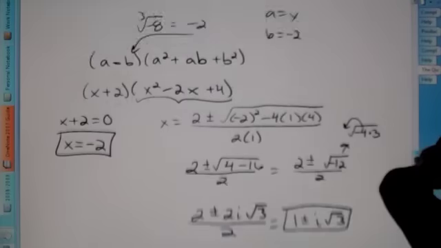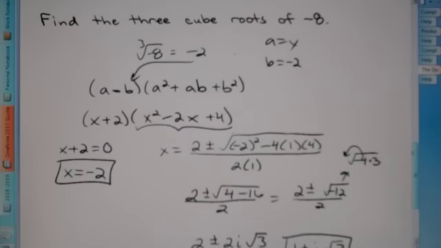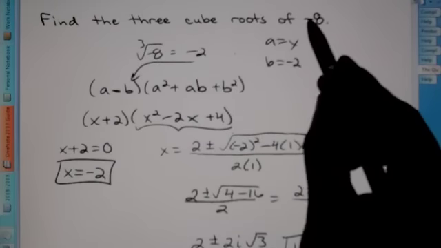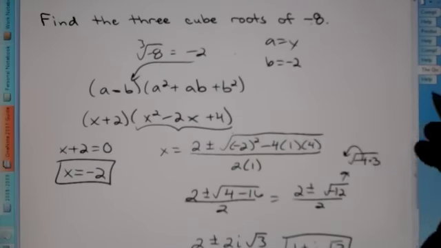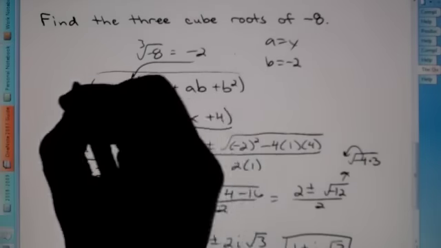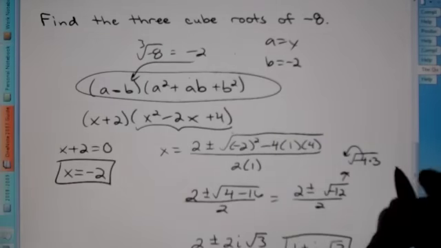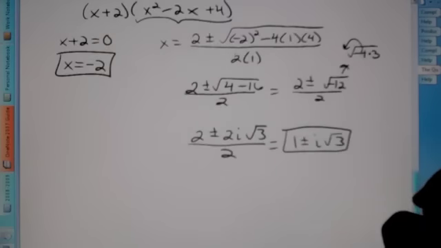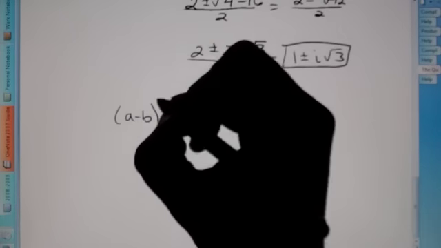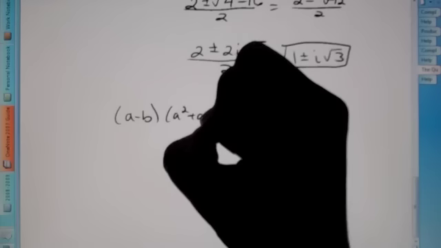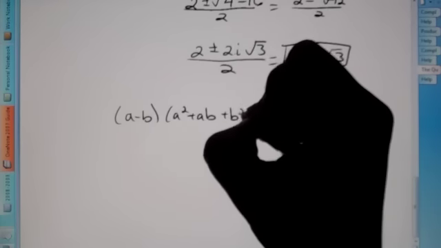So when you're dealing with cube roots, again, we're saying what to the third power is negative 8. So this is the setup you want to use for that. So the a minus b, and I'll even show you a really quick one again. A minus b, this is the format. A squared plus ab plus b squared.